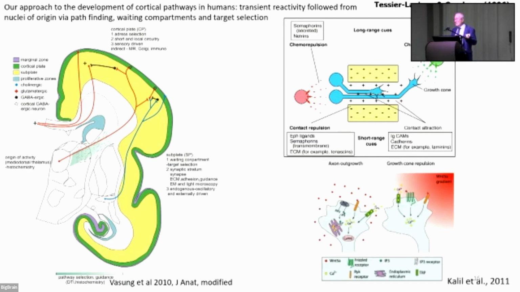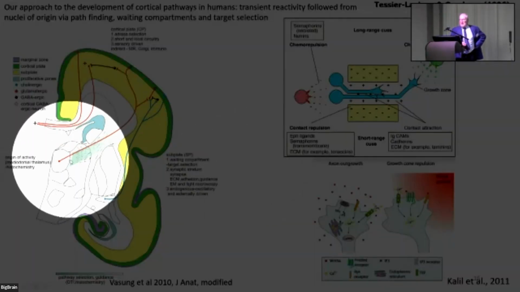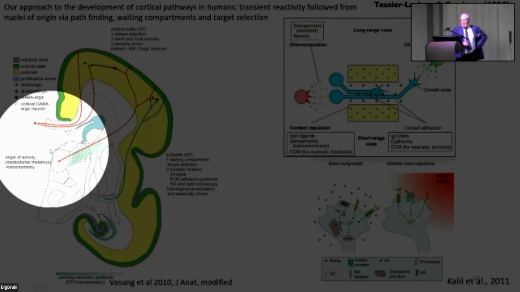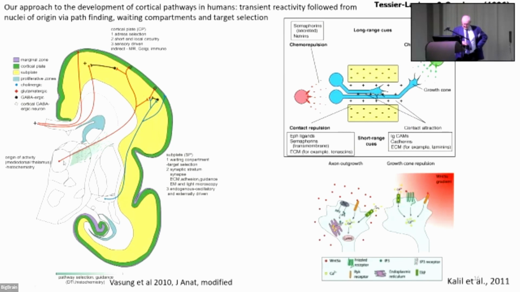Now, one thing is how I know that the pathways come there and from where they come. It seems that it is impossible to do in humans, but it is possible because you simply have to follow some marker. You can use synaptophysin, SNAP25, or I used in the beginning cholinesterase.